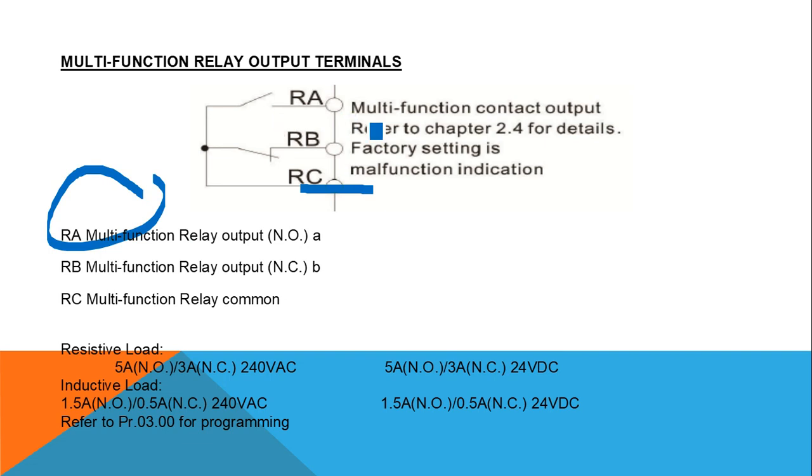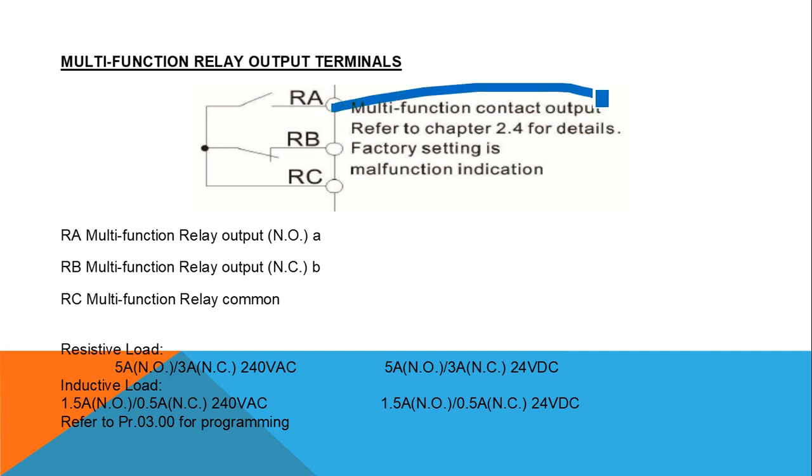We will be able to run an external circuit this way. The external circuit capacity is mentioned here. For a resistive load, 5 ampere through NO and 3 ampere through NC can be taken out, and under inductive load it is 1.5 ampere and 0.5 ampere for NC at 240 volt. It is set in parameter 3.00.